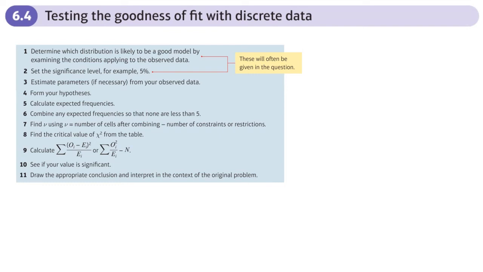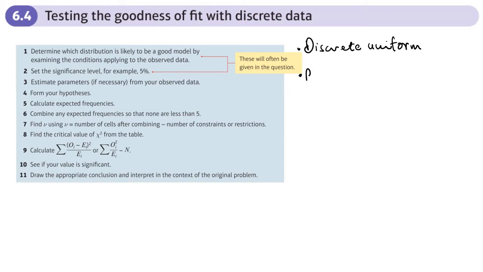This is the fourth section of the chi-squared test chapter, and here we're going to be looking at doing chi-squared tests with discrete distributions. So these could be either discrete uniform distributions, so we're talking about things like tables and the outcome of dice, things like that.